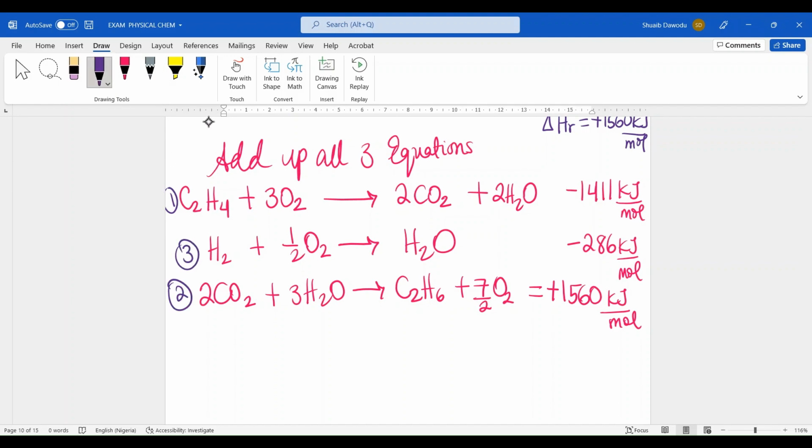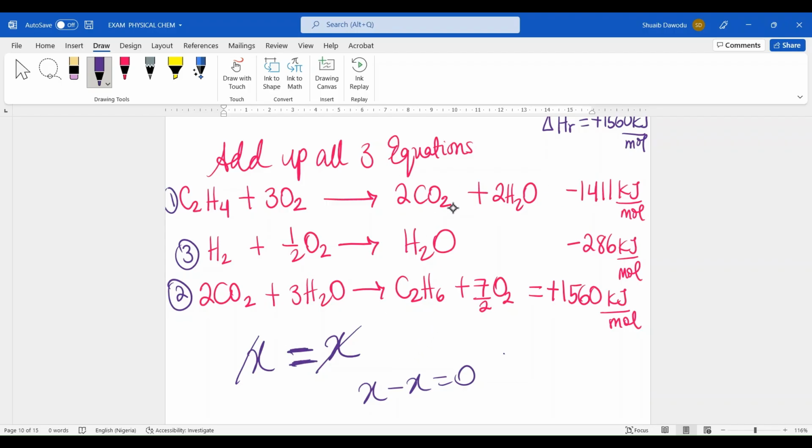One thing I want to quickly mention is that whenever you have the equations all written up and you're supposed to add equations, treat each molecule like it's algebra. When you do, it's easier to work with. There are some molecules here that can easily cancel out. For example, x equals x is the same thing as saying x minus x equals 0, so naturally it cancels out, provided they are on opposite sides of the equation.